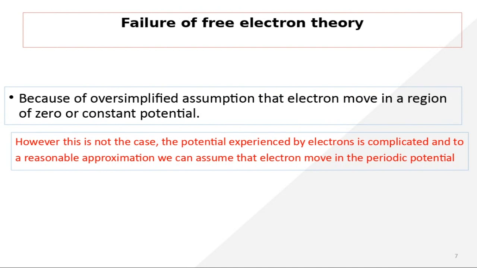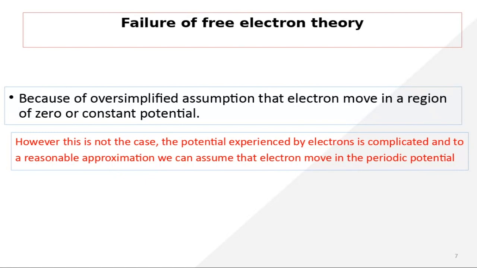This is because of the oversimplified assumptions they made: they say electrons move in zero or constant potential. But we know that an electron in a metal or crystal experiences a potential which is complicated, and we can take a reasonable approximation for it, but we can't ignore that potential.